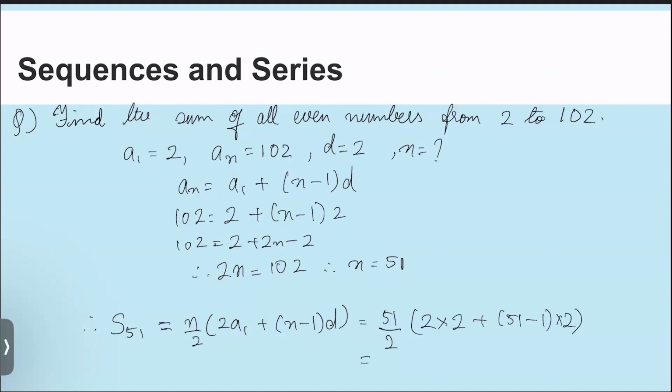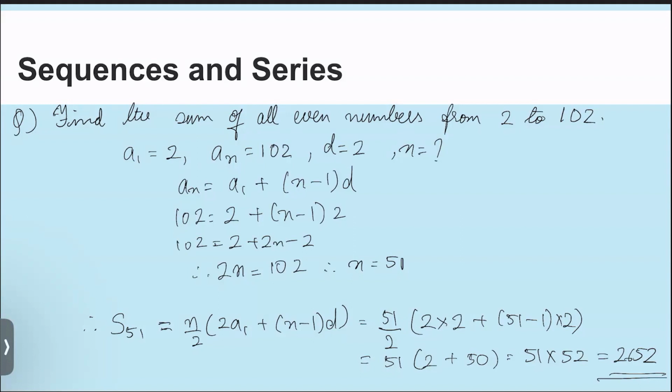So this becomes 51 multiplied by (2 plus 50), which is 51 multiplied by 52, and that comes up to S51 equal to 2652. Okay, so this is the sum of all the even numbers from 2 to 102.